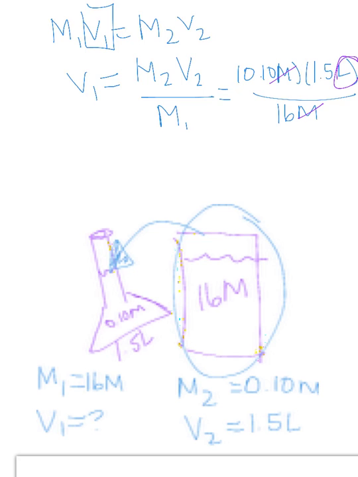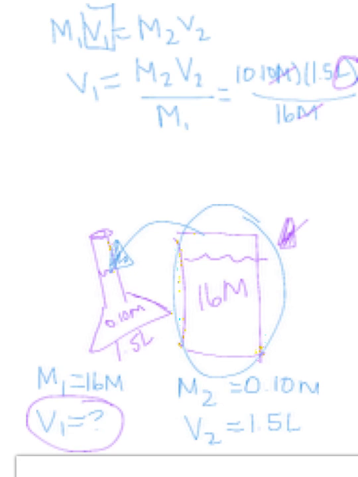And if we check, it said what volume of that 16 molar, how much of this do I need to add to make 1.5 liters of that very diluted solution? So you're going to plug into your calculator. And it looks like we need two significant figures. So our answer is 0.0094 liters.